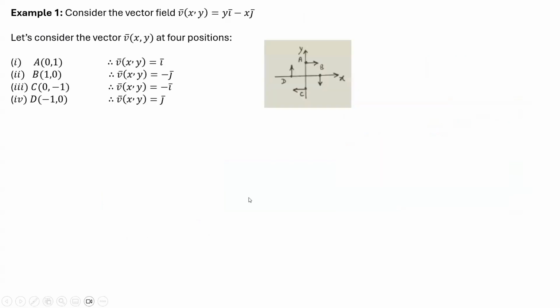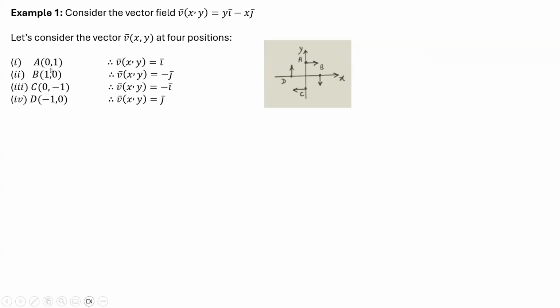Next, we have a given vector field, which is y i cap minus x j cap. Now we need to consider four random positions and insert those positions on paper. We'll take four coordinates, for example, (0, 1), (1, 0), (0, -1), and (-1, 0), and insert these values.